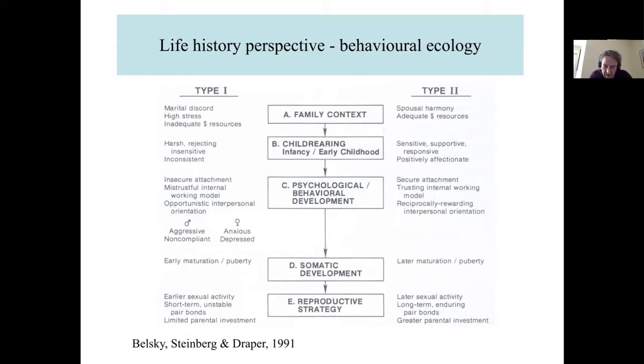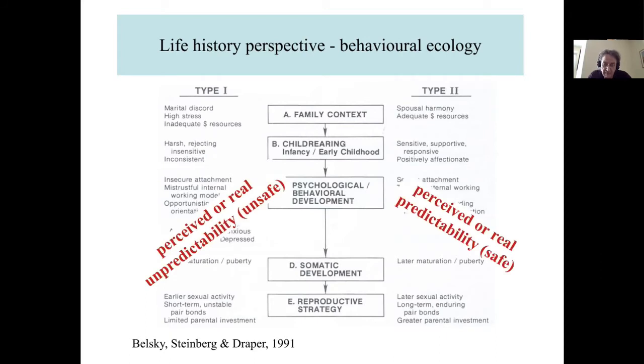And again, what follows from this developmental pathway could be that these individuals engage earlier in sexual activity and have more often short-term unstable pair bonds. And as we've heard from Annie's talk, this could be a way of transgenerational transmission of such behavioral patterns with limited parental investment when growing up. And type 2 is the exact opposite, akin to the K selection strategy.